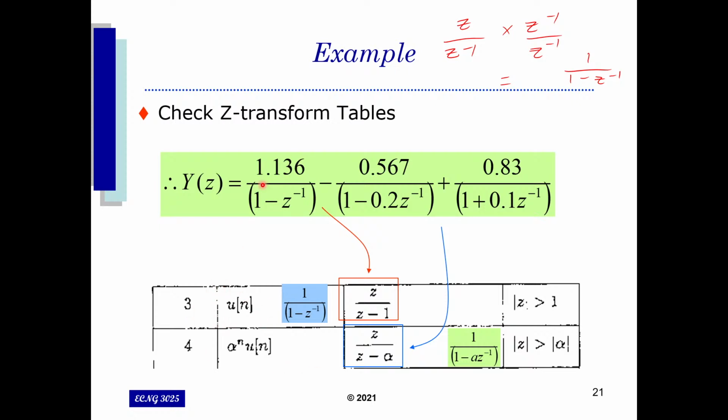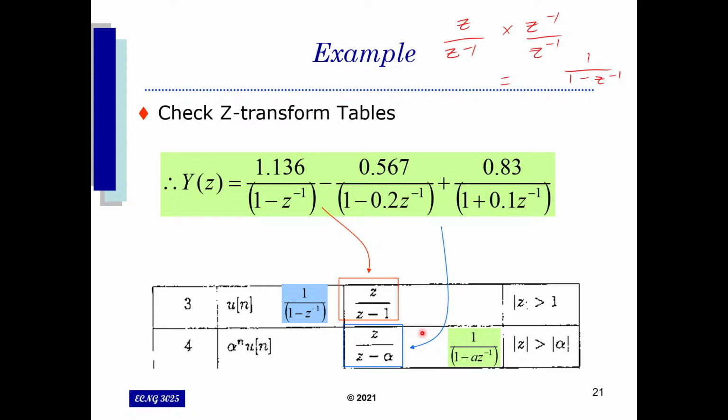So for our first term here, which is 1 minus z to the negative 1, when we did this transform, we see that this transforms to u of n. And then for our second and third terms, which are of the form 1 minus alpha z to the negative 1, which maps back to this term here, we can see that they map back accordingly.